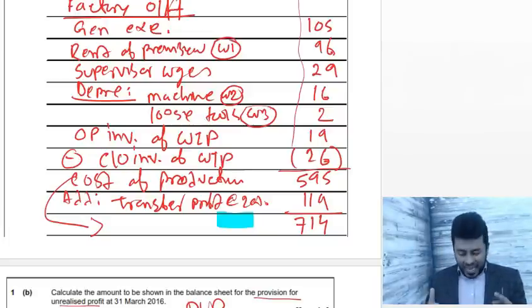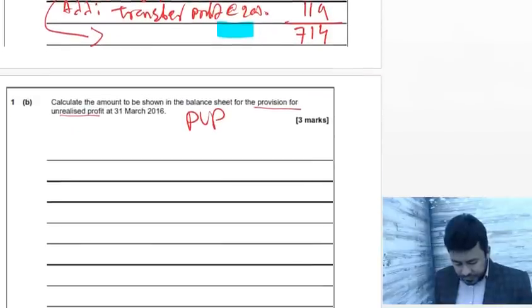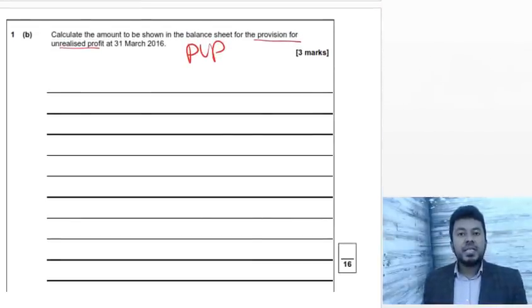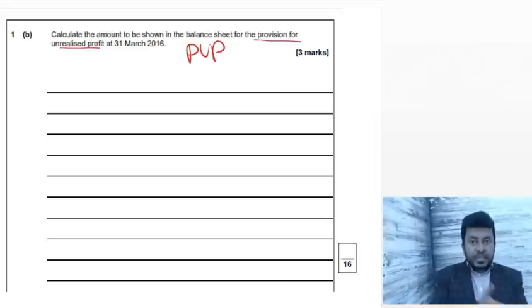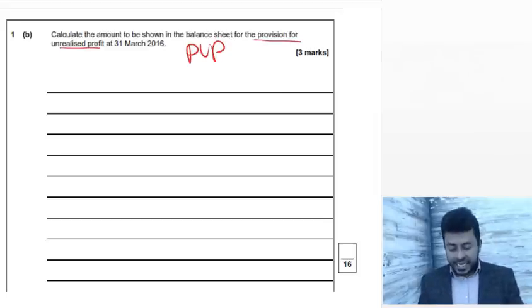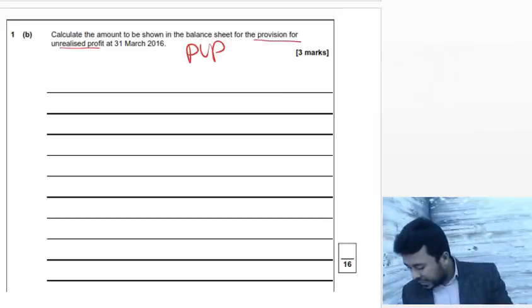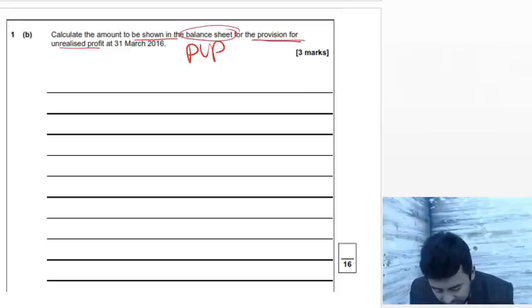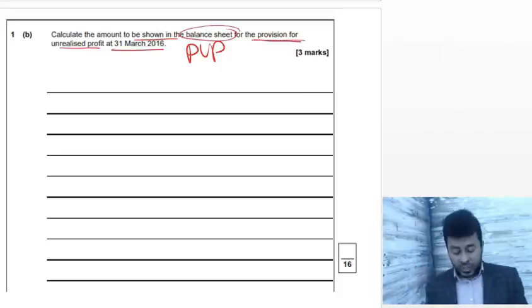Okay, let's move to the next bit of our question, and that is the PUP, provision for unrealized profit. You remember some of the items you couldn't sell, it's still your inventory, so the profit, the 20%, is not realized yet. So we need to deal with these items. The question asked you to calculate the amount to be shown on the balance sheet, statement of financial position, for the provision for unrealized profit, the closing one.